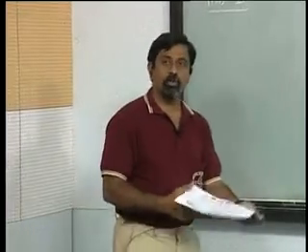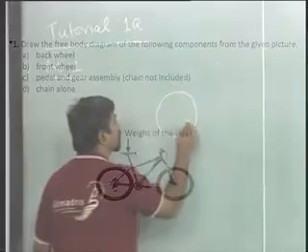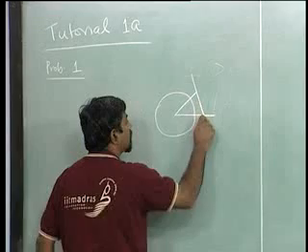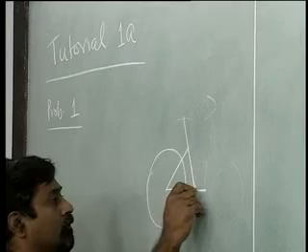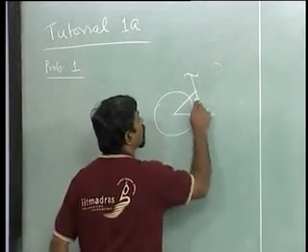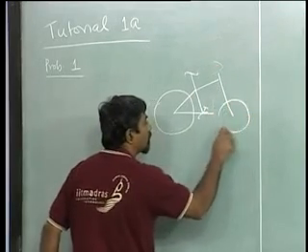Okay, so let us go to the first problem. The first problem is about a bicycle. Let me just draw the bicycle here. I am just going to draw a skeleton of a bicycle here.